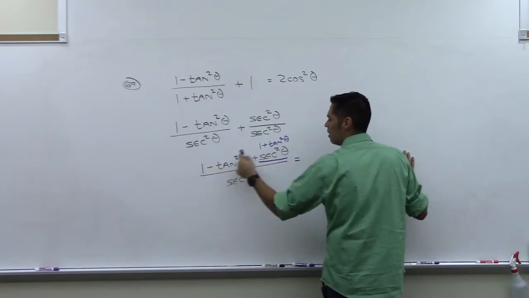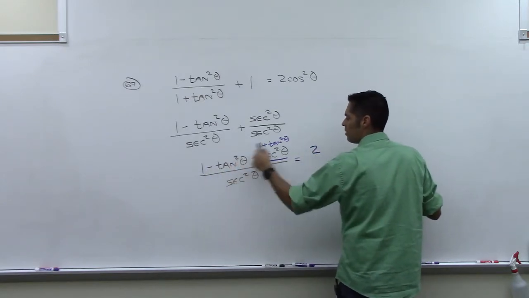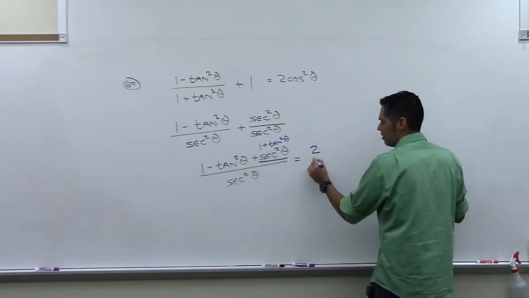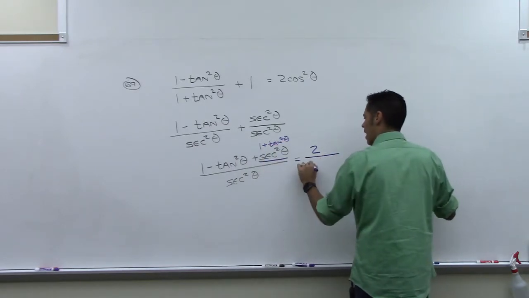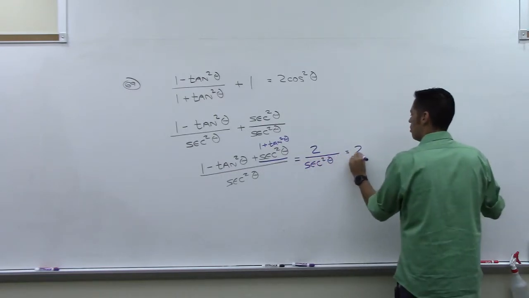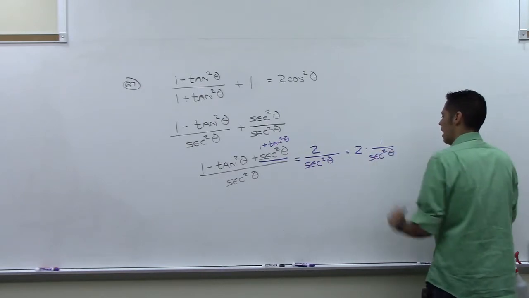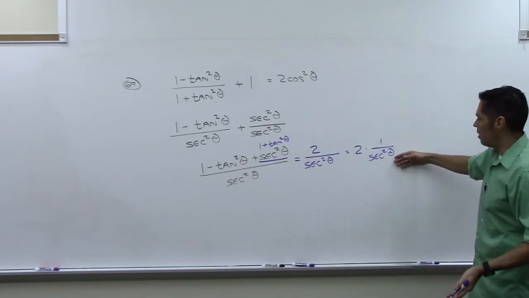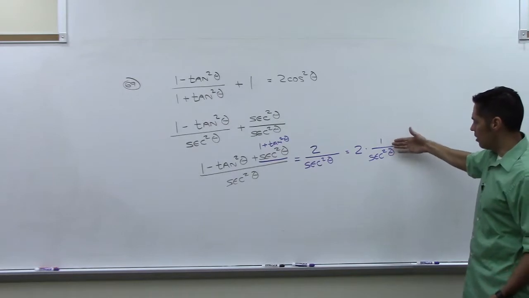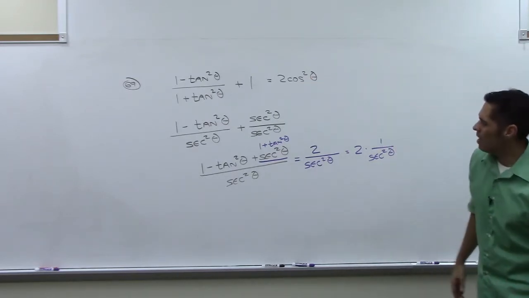So I have the 1 plus the 1, that's 2. The minus tangent squared theta and the plus tangent squared theta cancel, so I just have a 2 up top, and then I have secant squared theta on the bottom. That's the same as 2 times 1 over secant squared theta. And the reciprocal of secant is cosine, so this really is cosine squared theta. So we get 2 times cosine squared theta. Again, that one went pretty easy.